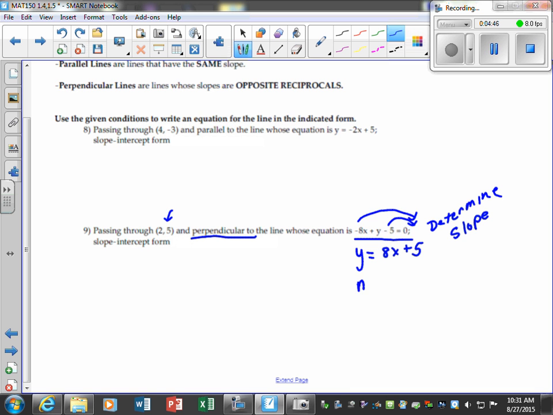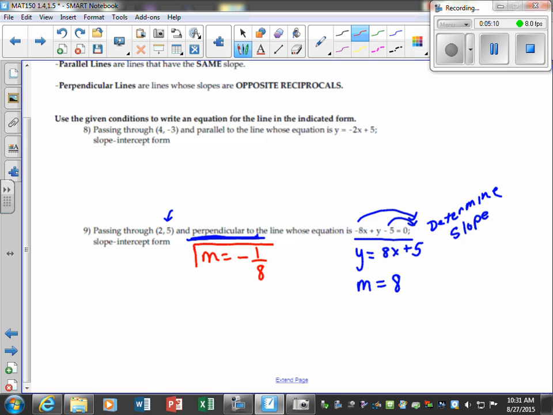So now I can look at this and say the slope of the given equation is going to be 8. But what I need to use is perpendicular to that. So what is perpendicular to a slope that's 8? Negative 1/8. Opposite, and then the reciprocal.